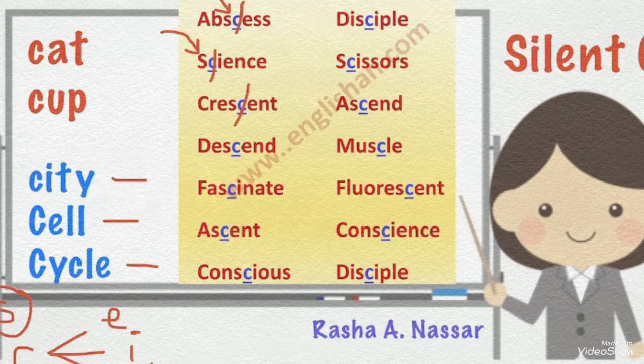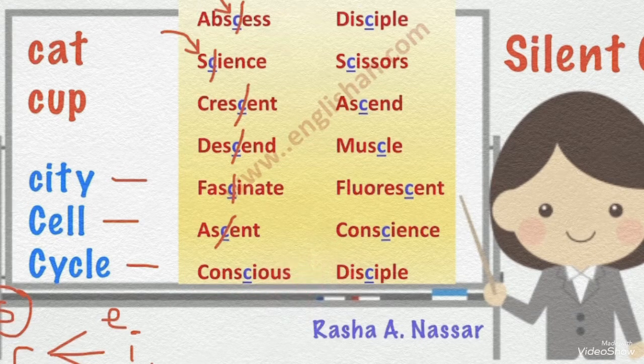Descend. So here I will not read letter C. And this word is fascinate. I will not read letter C. Why? Because it comes after letter S. And here I have ascent. So here I will not read letter C because it is a silent letter. And here conscious.